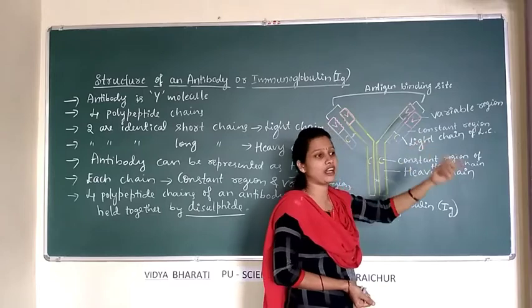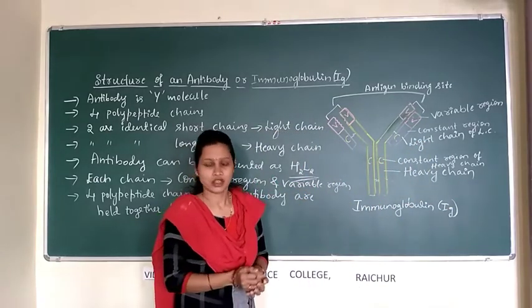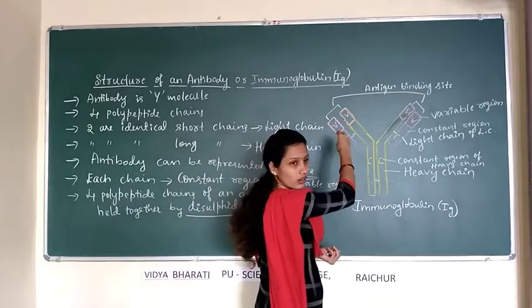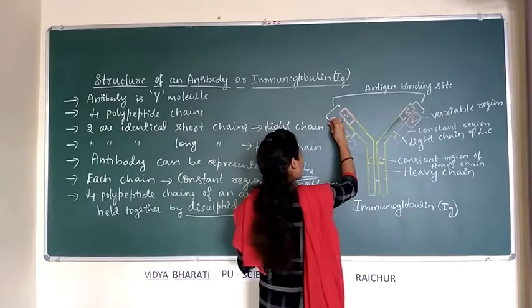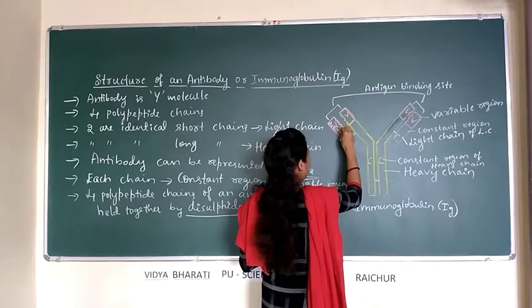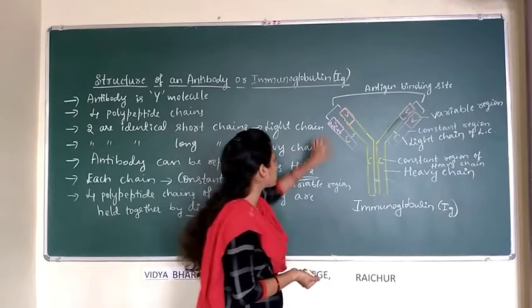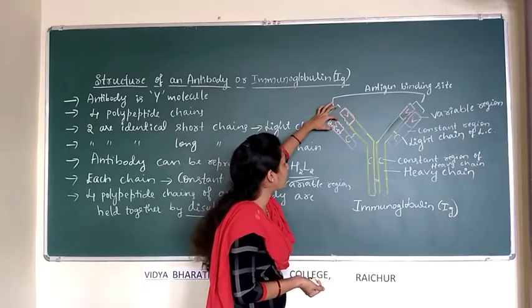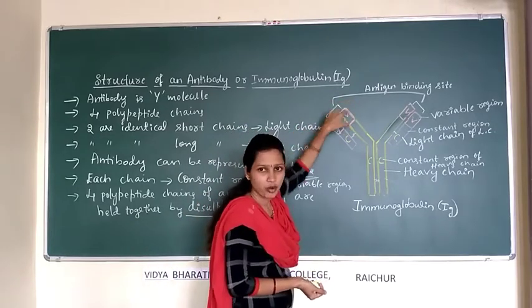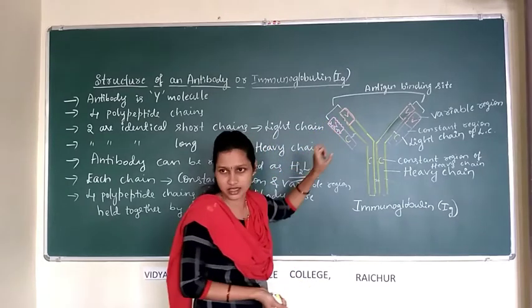For example, suppose in this antibody the amino acid sequence in the variable region is valine, phenylalanine, arginine, leucine, like this.